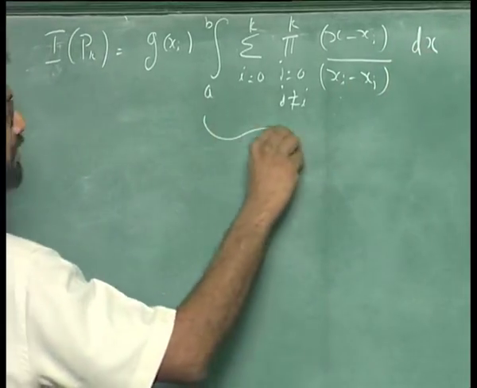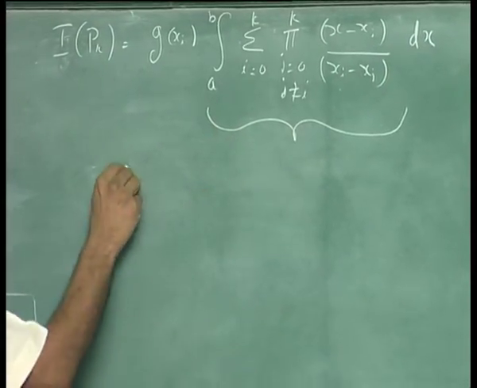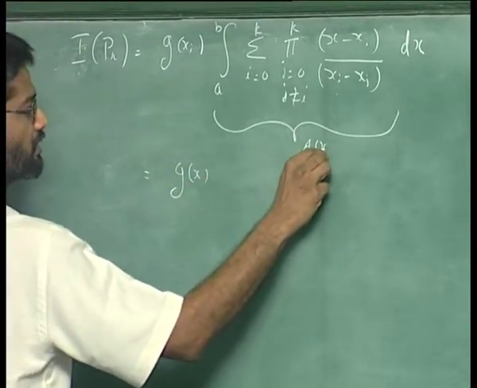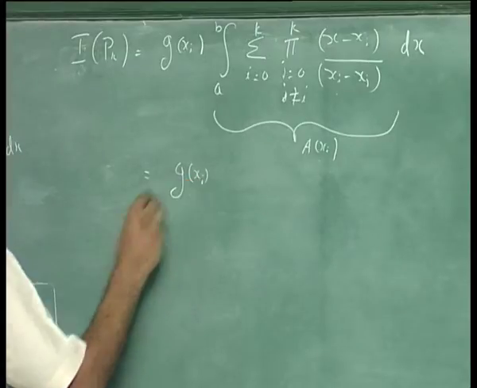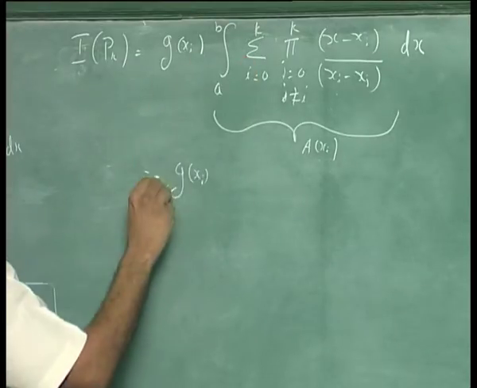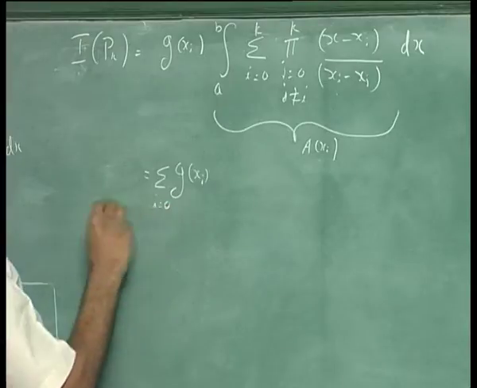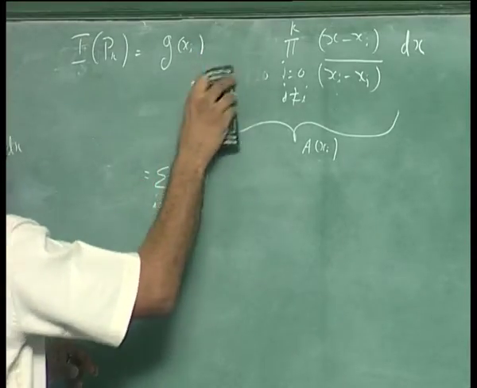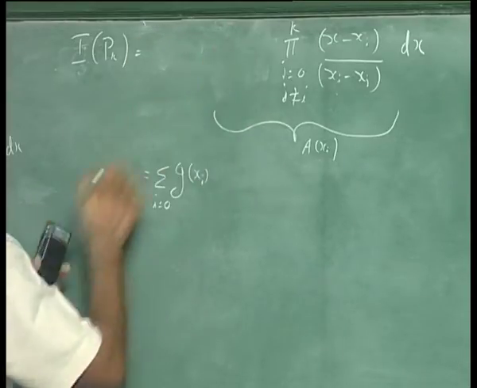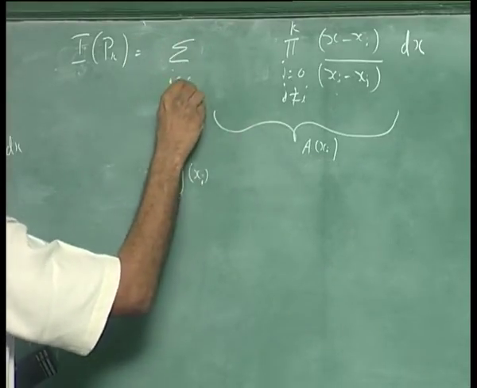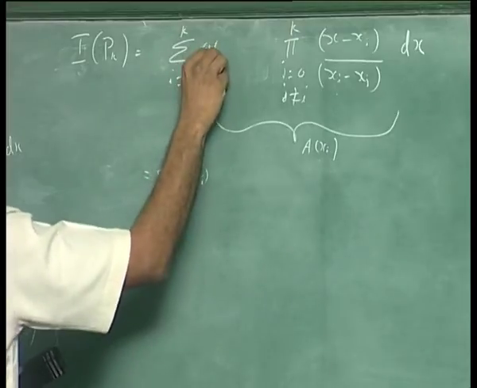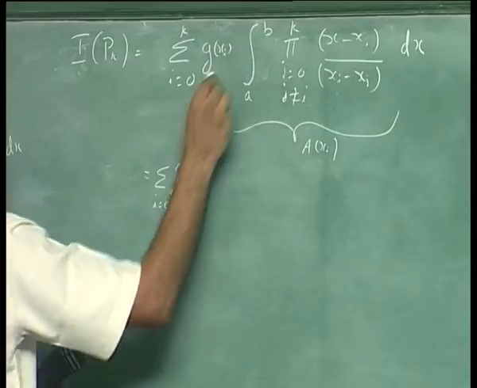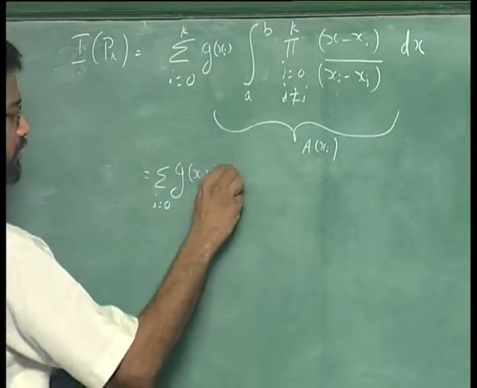Now this quantity is what I call a of xi. So, it is g of xi times this integral, a of xi. The sum also can be pulled out: sum i going from 0 to k of g of xi into a of xi.